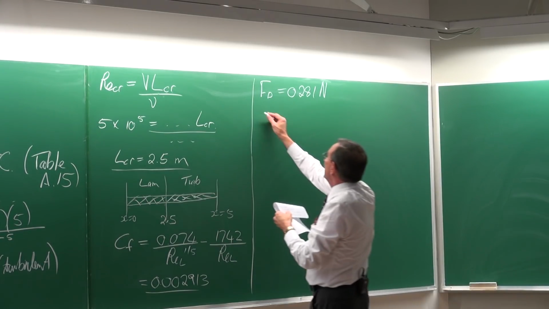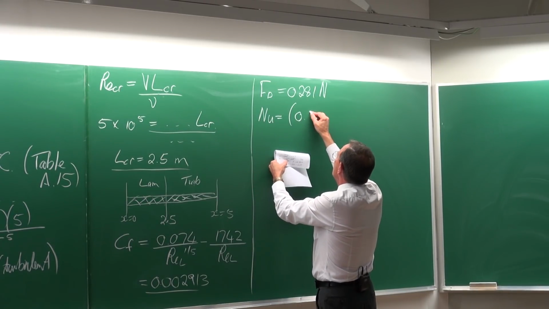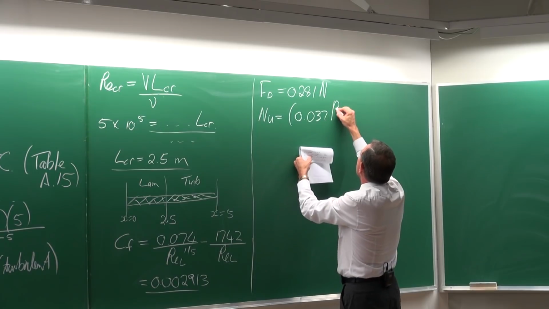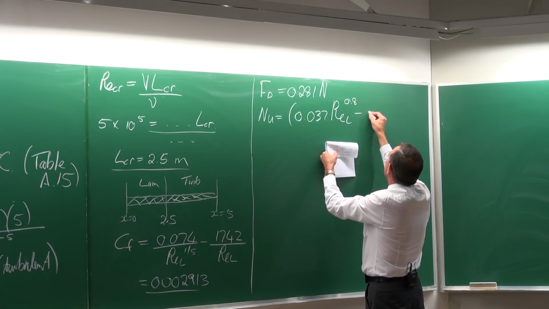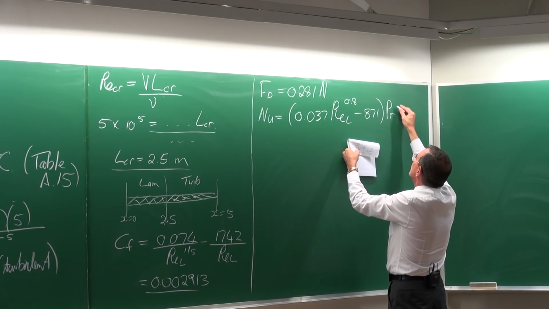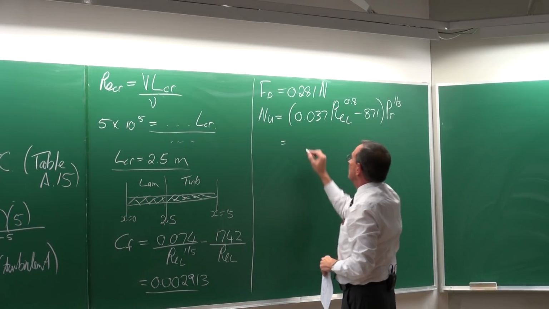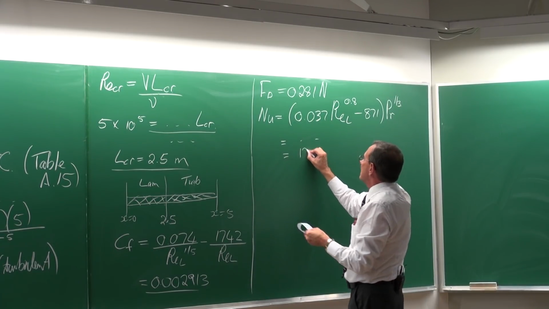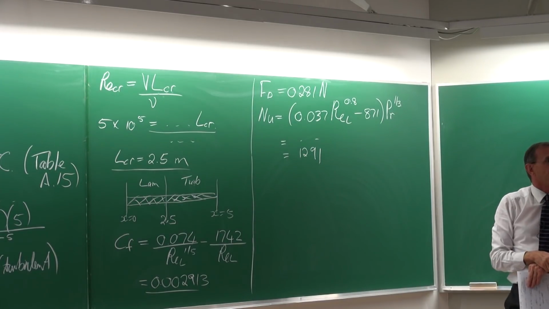Similarly, we can go and get the average Nusselt number, which is equal to 0.037 Reynolds L to the 0.8, minus 871, times Prandtl to the one-third. You can go through all the calculations. That's going to give us a Nusselt number of 1,291.